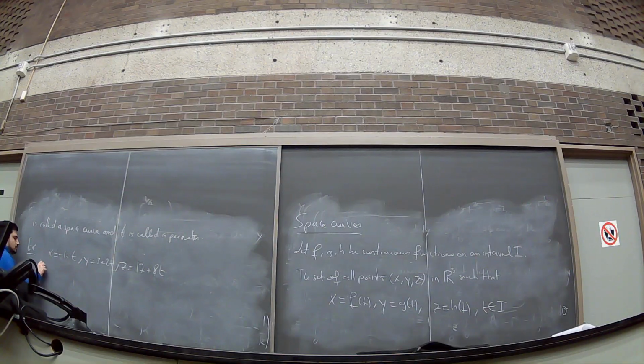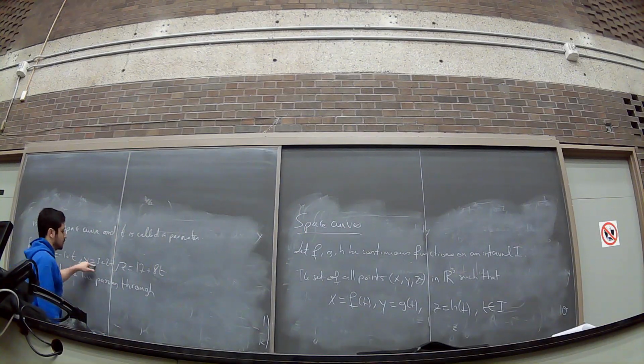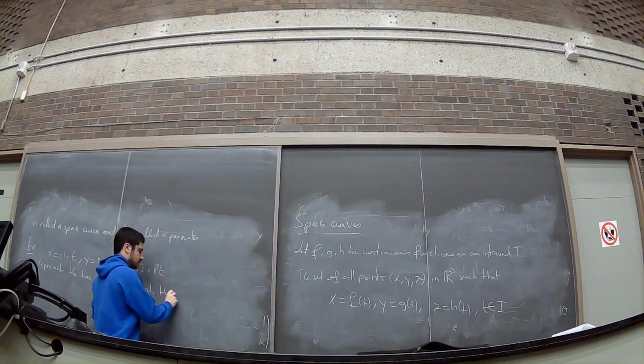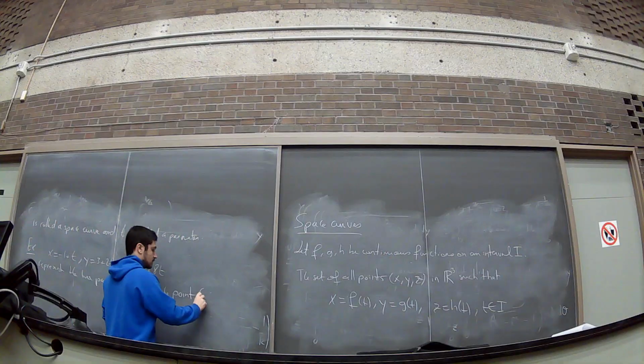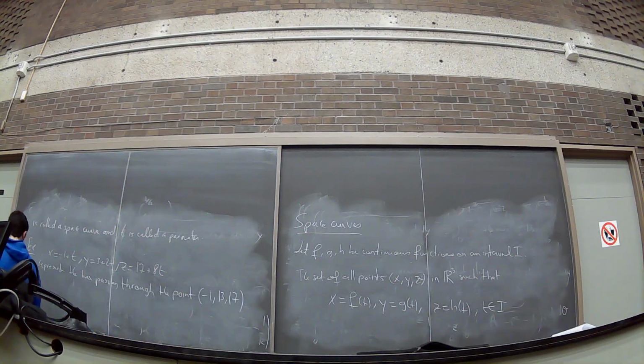They represent the line passing through the point minus 1, 3, 17 and parallel to the vector v.